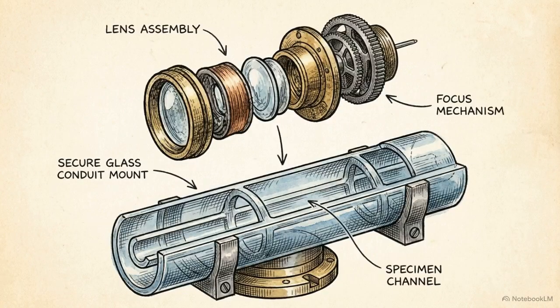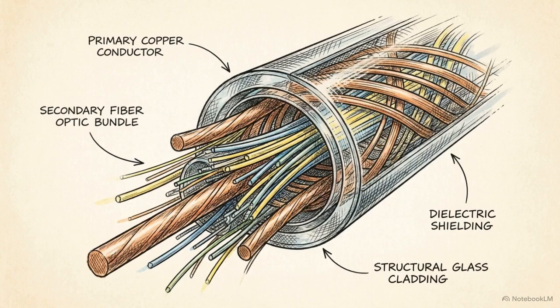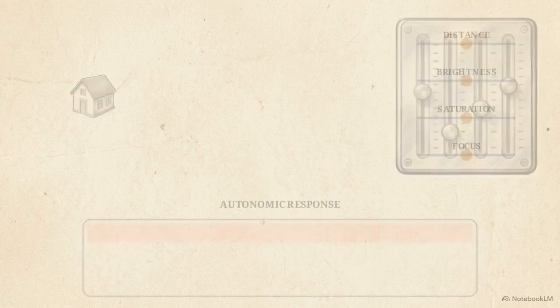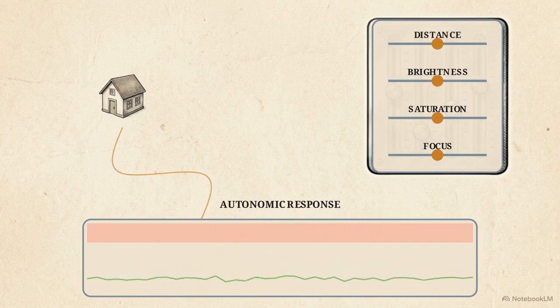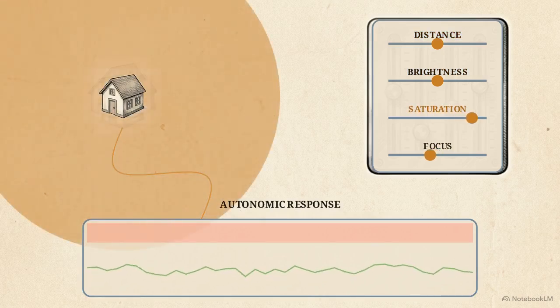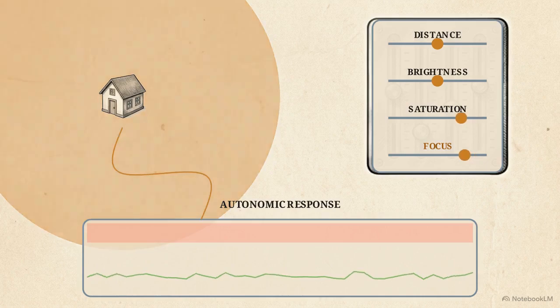We can break these representations down even further by isolating a single sensory channel. Inside a visual or auditory pipeline, the data is coded with granular parameters called submodalities. This dashboard shows the visual channel. The submodalities are the specific qualities of the internal image: its spatial location, its brightness, the saturation of the color, and the sharpness of focus.